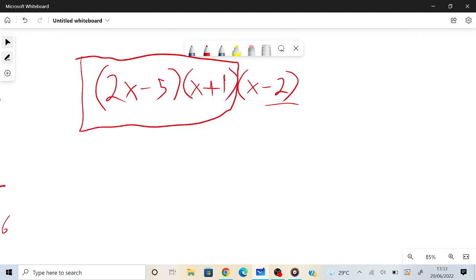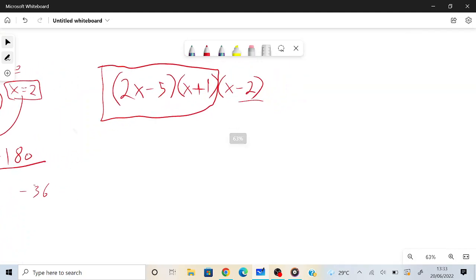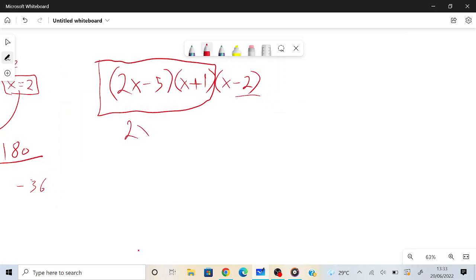So let's do the first part. Let's do 2x minus 5 into x plus 1. Expanding this, we have 2x into x, that's 2x squared. 2x times 1, that's plus 2x.